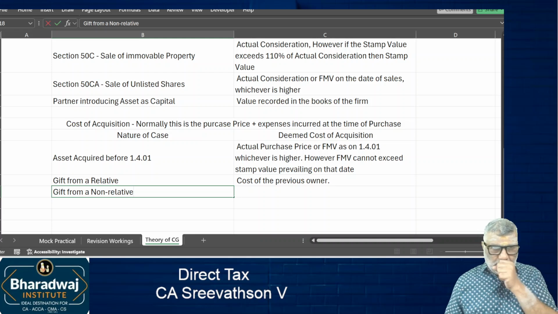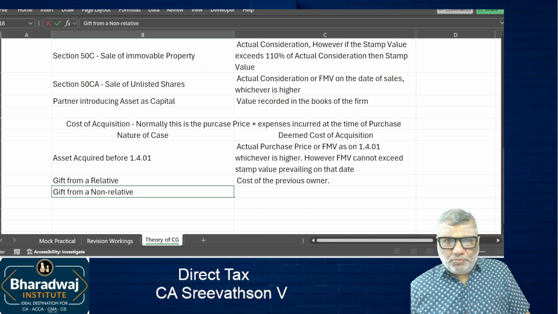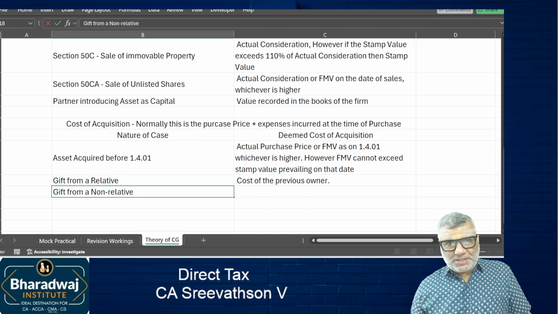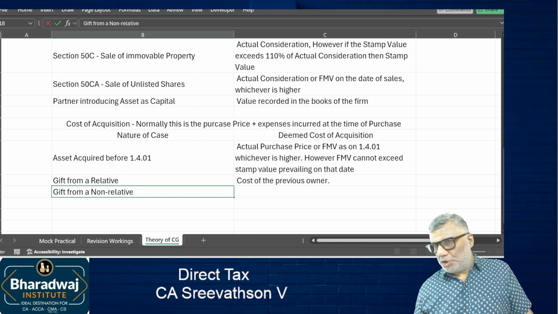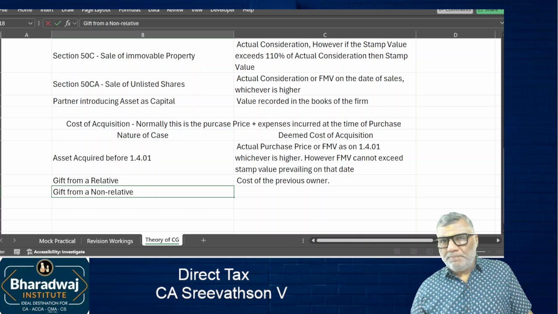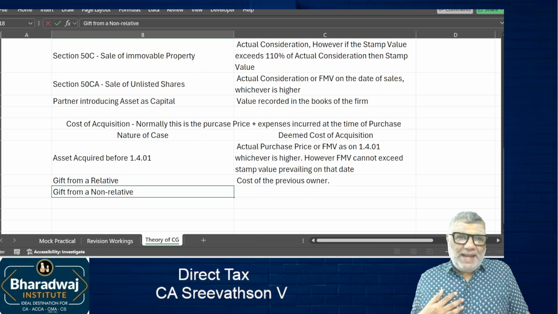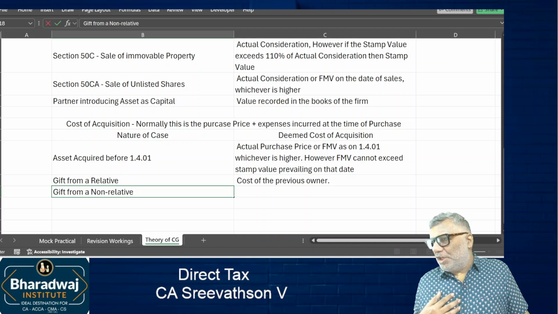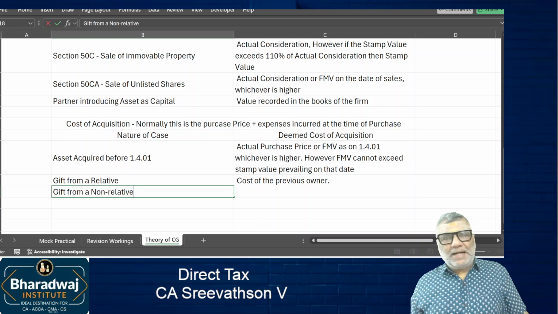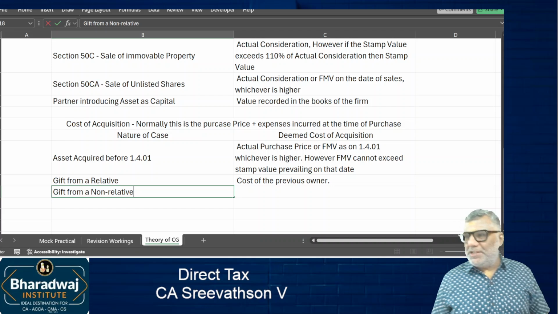My dear friends, now is a time to clear this. At that time, I taught first capital gain, so I came and taught you this in the IFOS chapter. If I am getting a gift from a relative, that is not taxable in my hands under section 56 IFOS. So when I sell that, the cost of the previous owner is taken.